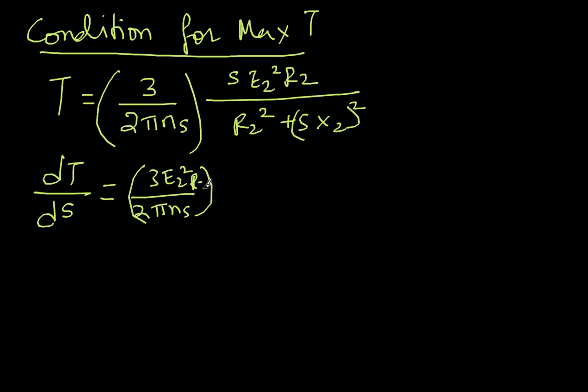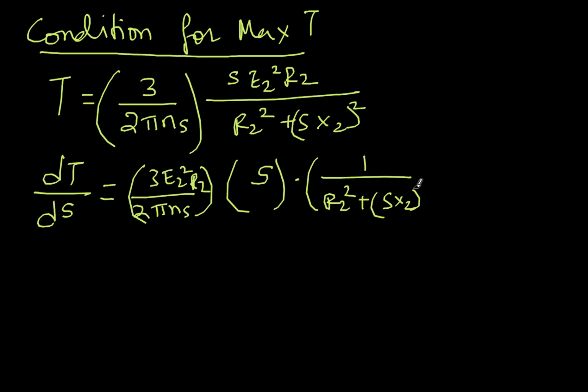So the only thing remaining is S, multiplied by 1 by R2 square plus Sx2 square. This is a constant, this is a function in S, this is another function in S. So let's differentiate it. I'll put a dash to show this needs to be differentiated.